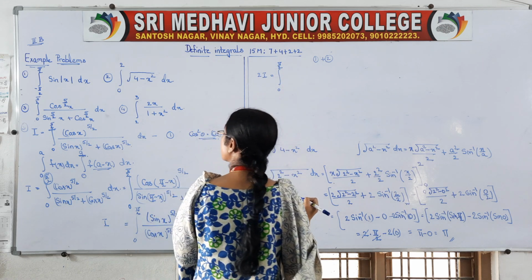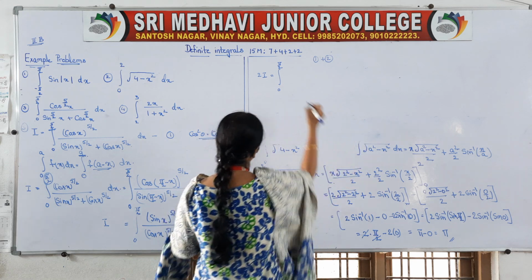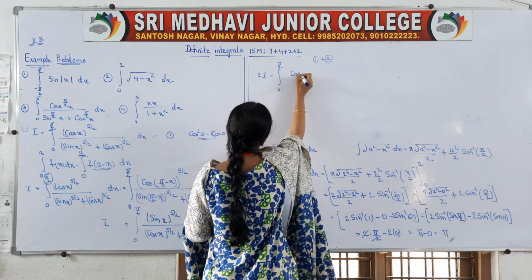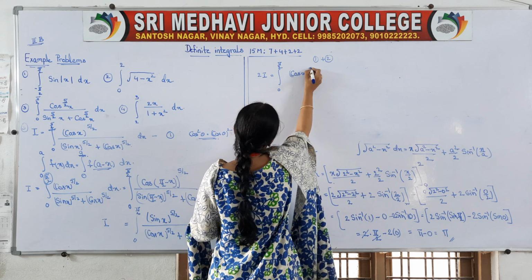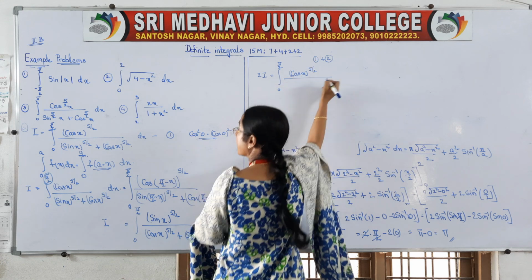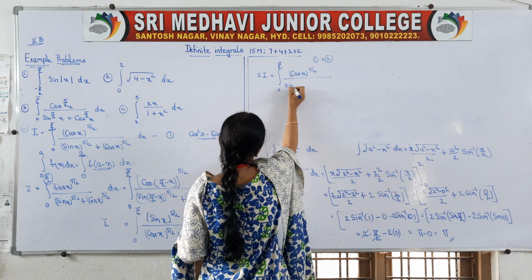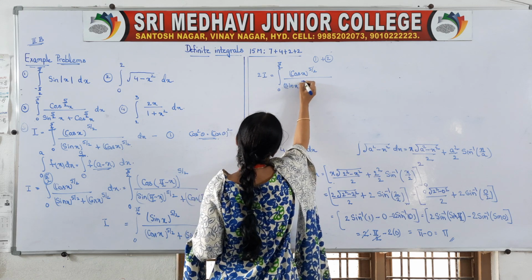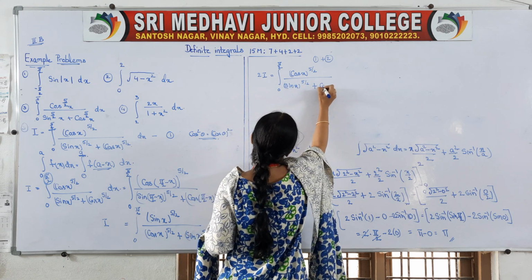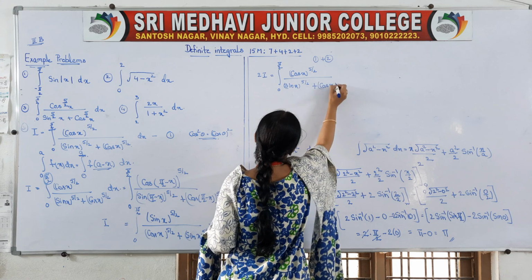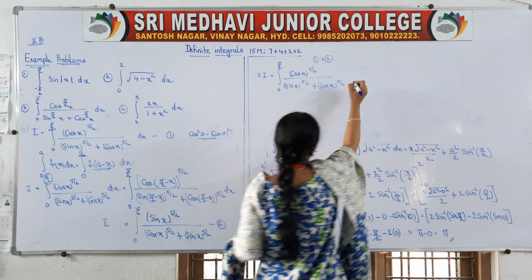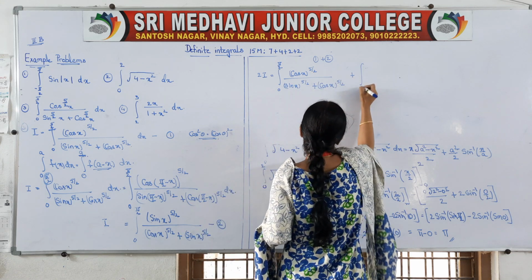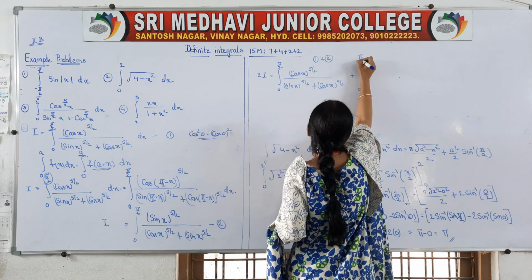First, in the first one, it is cos x, isn't it? So cos x to the power of 5 by 2 by sin x to the power of 5 by 2 plus cos x to the power of 5 by 2, same integral 0 to pi by 2.